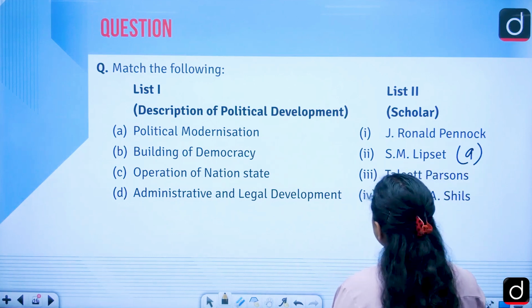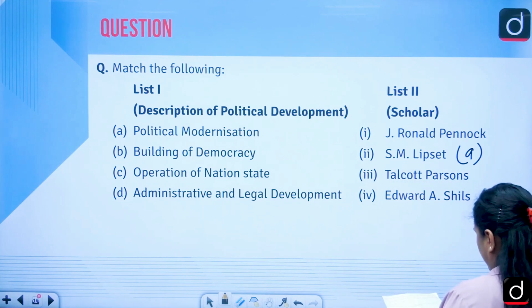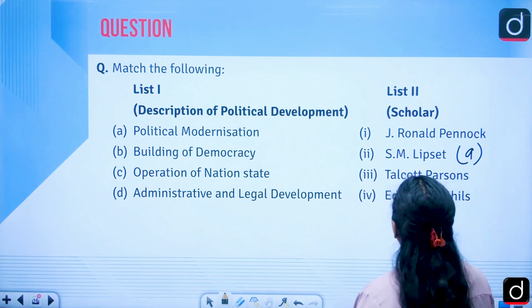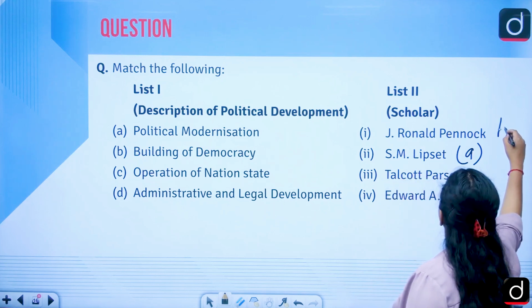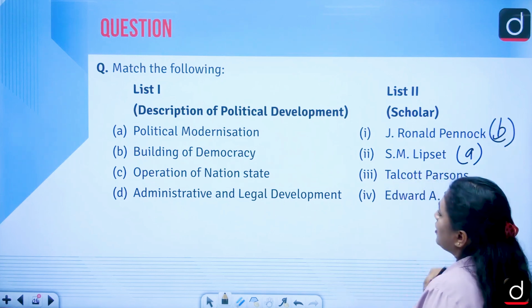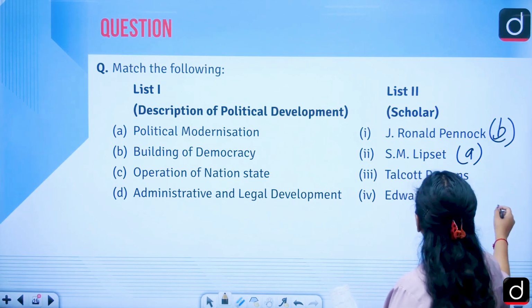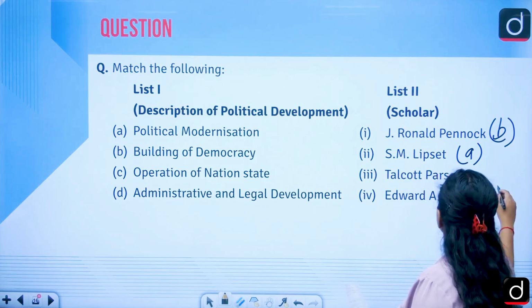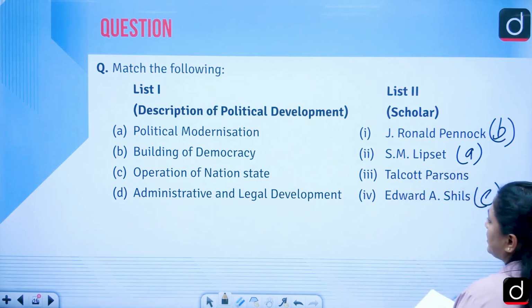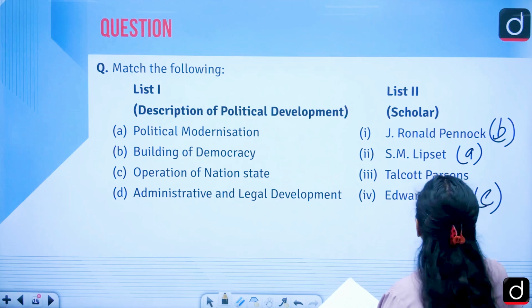So, A is with 2, then B is with 1, and C is with 4, and D is with 3.